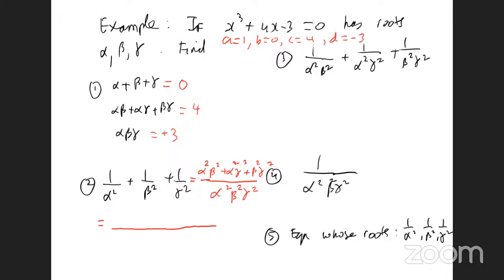The denominator is +3 squared. The next one will be the pairwise sum squared minus 2 by the product by the sum.